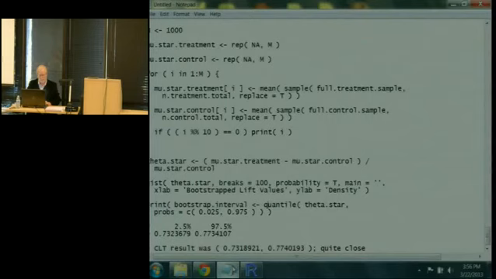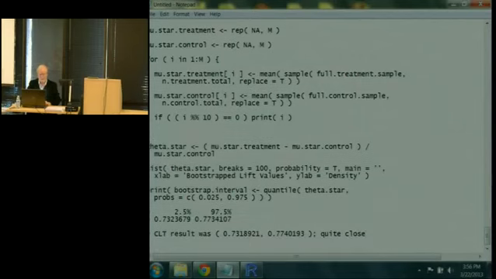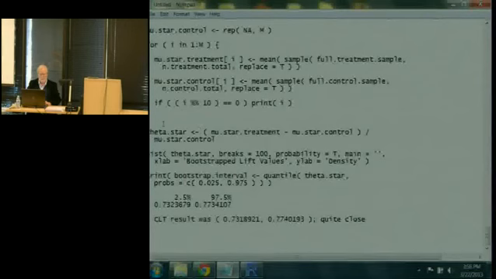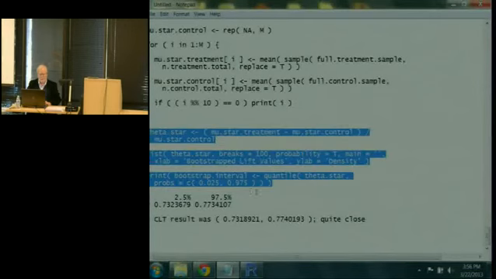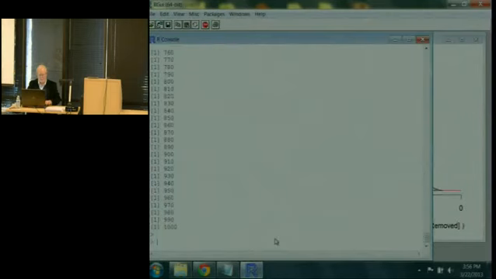Looks like I didn't catch all the code down here. All right, and so I'm going to build the theta stars, and I'm going to make the histogram of the bootstrap data set, and I'm going to go ahead and work out the bootstrap interval.